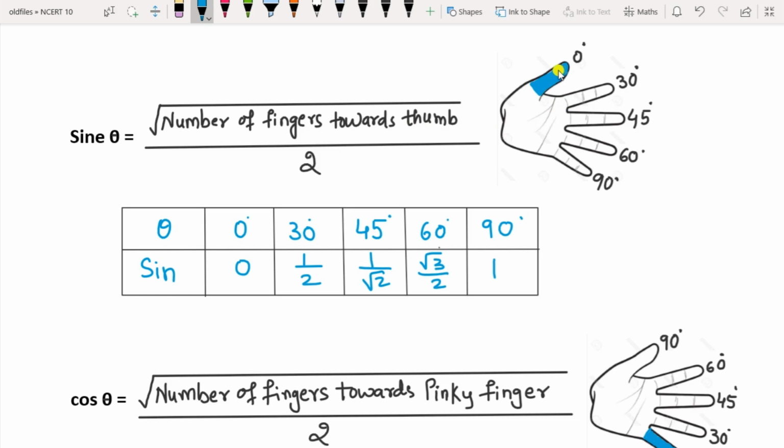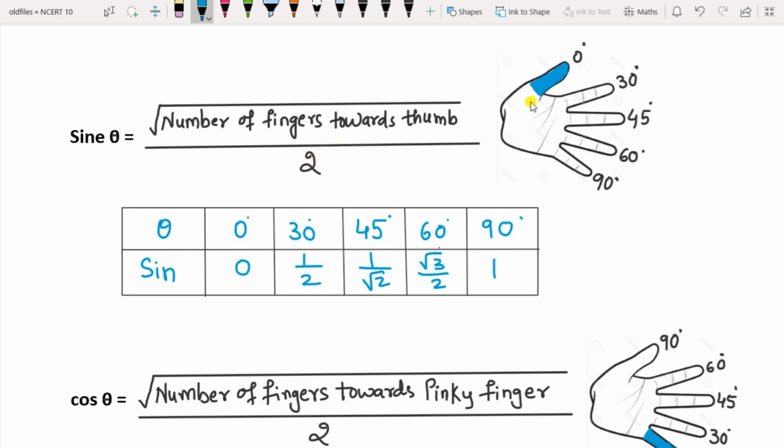Now from thumb finger to the pinky finger, consider the fingers as 0 degrees as the thumb, 30 degrees as the index finger, then 45 degrees as the middle finger, 60 degrees as the ring finger and 90 degrees as the pinky finger. For sine, it is under root of the number of fingers towards the thumb, divided by 2. If you remember this formula, you will get all these values.